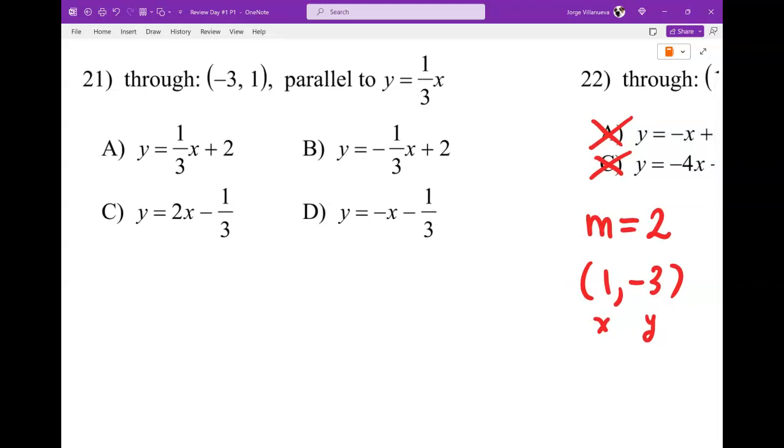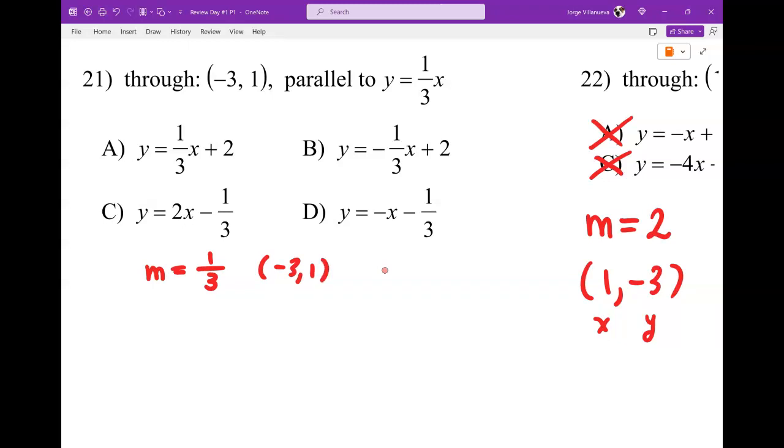If my new line is going to be parallel, what is the slope going to be? 1/3, the same slope. If it said perpendicular, I would write -3, because I have to flip it and then change the sign. But since they said parallel, parallel means use the same slope. So they gave me 1/3, I'm going to use that same slope, and then I'm going to use this point here.